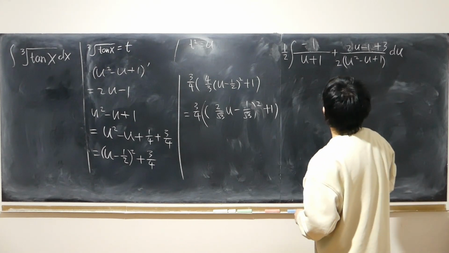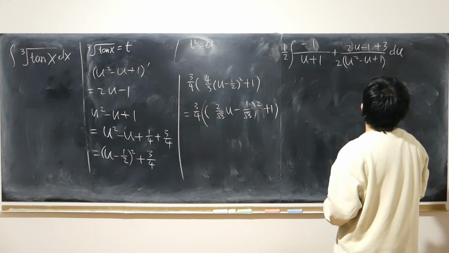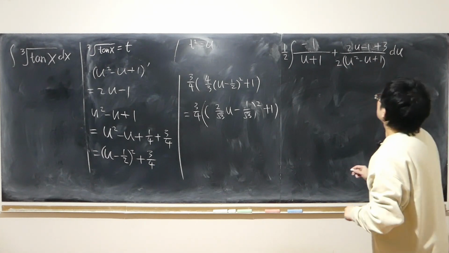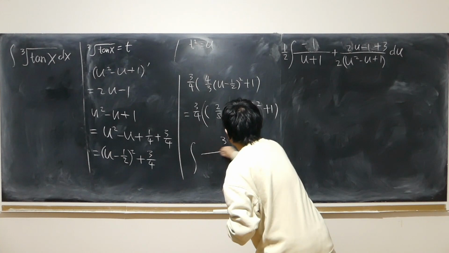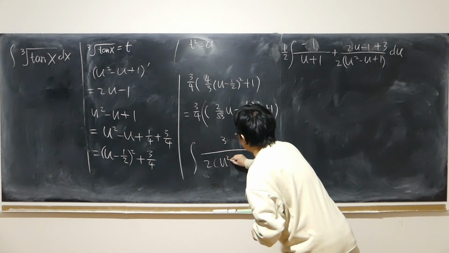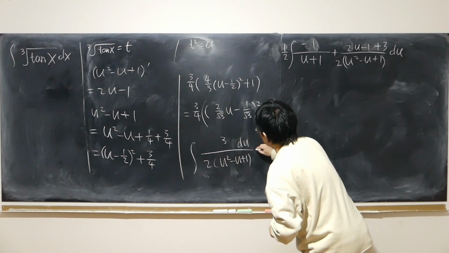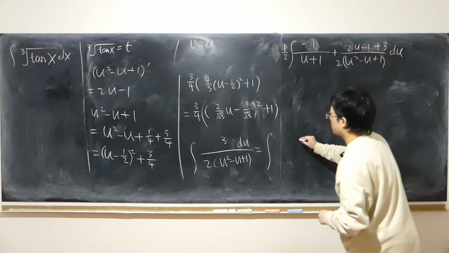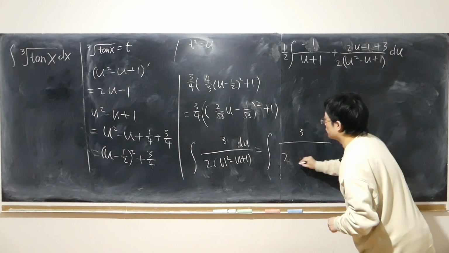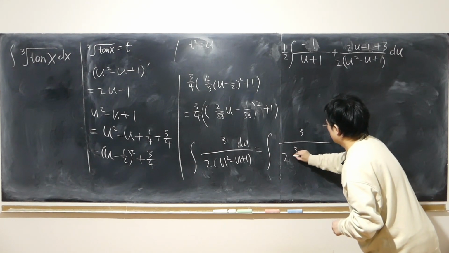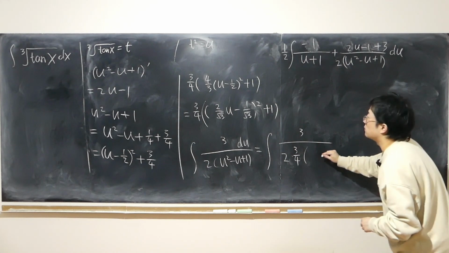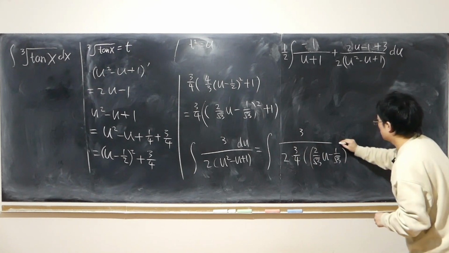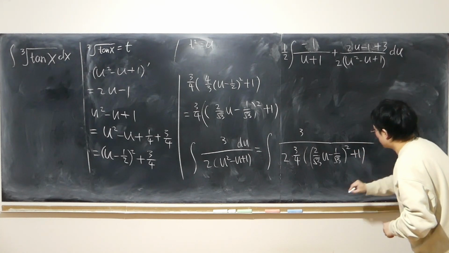Like I said, I can first work out this over that. 3 over 2 times the integral of 1 over u squared minus u plus 1 du is now easily 2 times 3 over 4 times this bit plus 1.